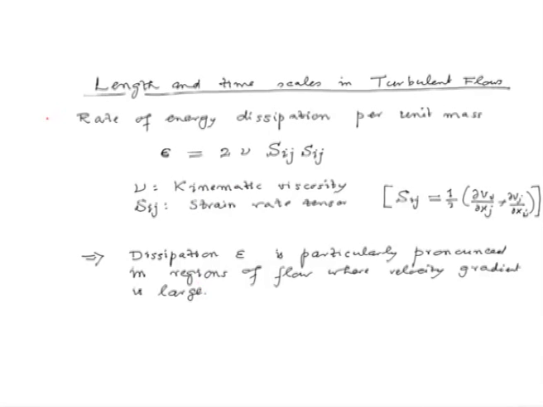Now, we have introduced this term, rate of energy dissipation, because one of the length scales, the smallest length scales, we would define in terms of this energy dissipation per unit mass. So, this is a first definition.